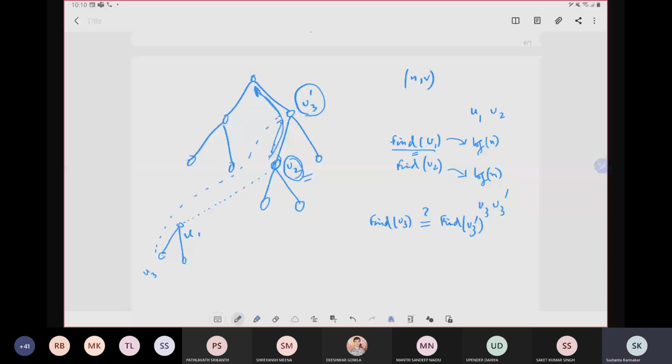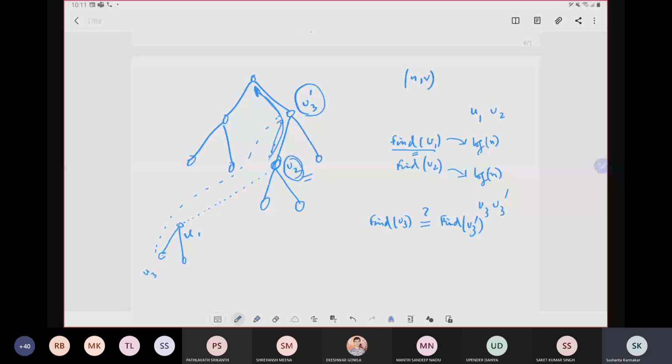But due to this way of organizing the structure, every time we are unnecessarily calculating find U3 prime like this, even though it is not required, because I already know. So what is the logic?